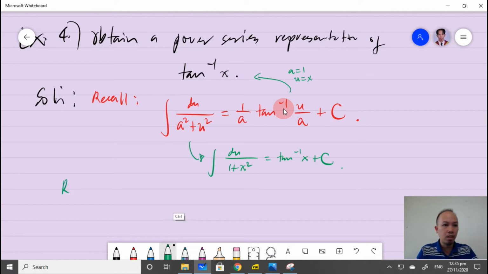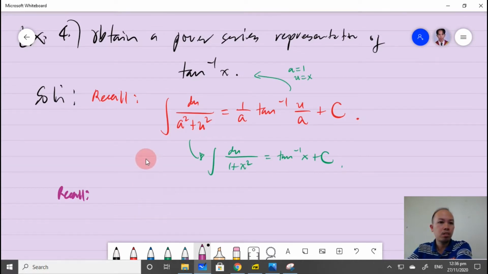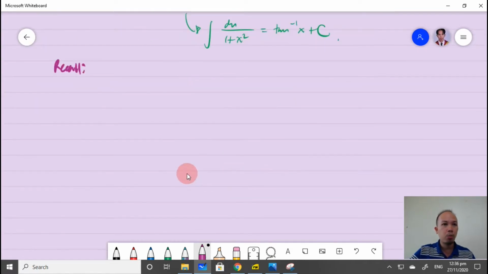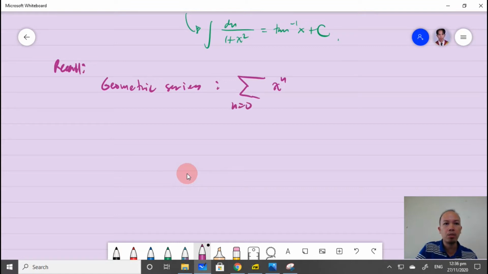Recall again in our previous discussion the geometric series: the summation of x to the n, where n starts from 0 to positive infinity, is equal to 1 over 1 minus x, and this is convergent if the absolute value of x is less than 1.